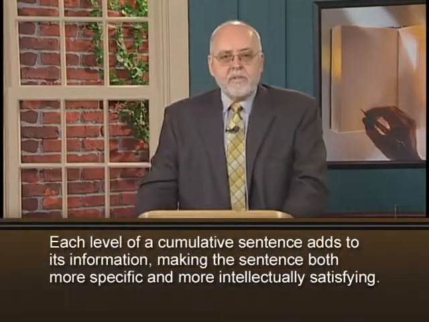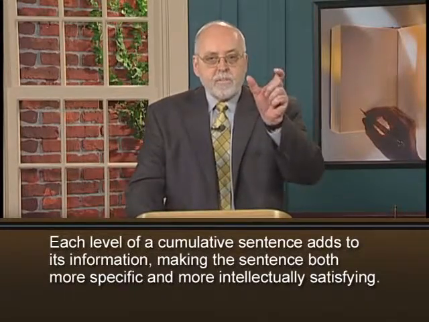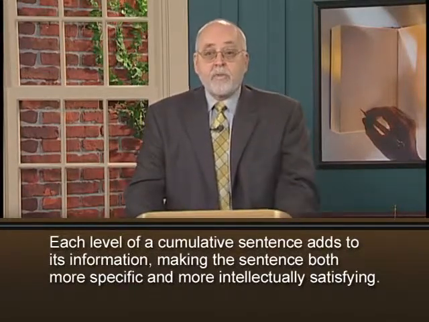In paradigmatic terms, we would describe this cumulative sentence as having two levels. The first being the base clause, the second being its single modifying phrase, "having sold all of her boxes of cookies." Each level of a cumulative sentence adds to its information, making the sentence both more specific and more intellectually satisfying.